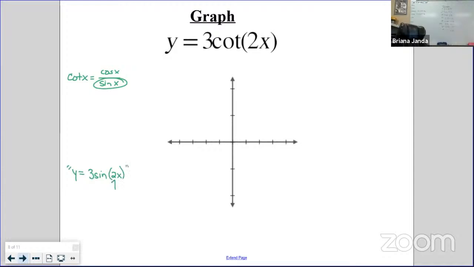So again, start with labeling. B equals 2, therefore the period is pi. And I have an amplitude of 3.